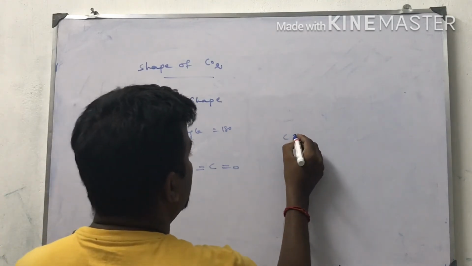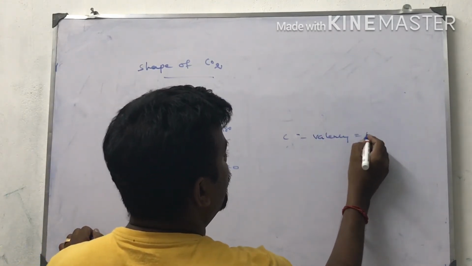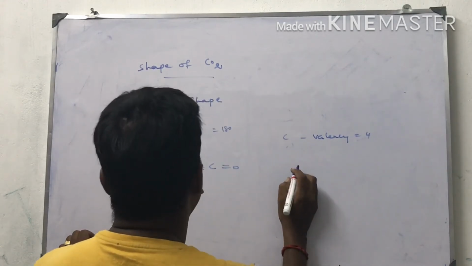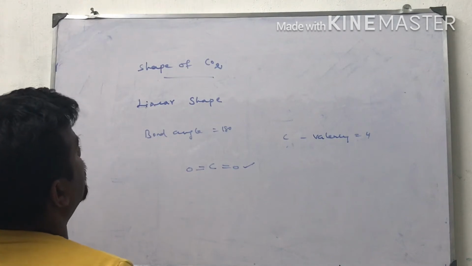Carbon valency is equal to 4. So this is the carbon dioxide structure.